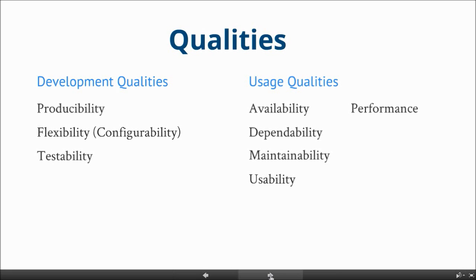So that is a requirement you can have: performance for the data, not just the performance of the system that it's operating on.